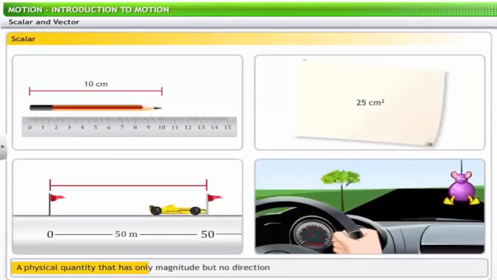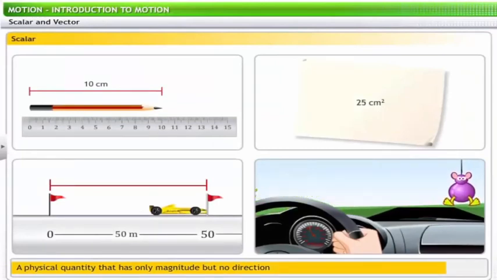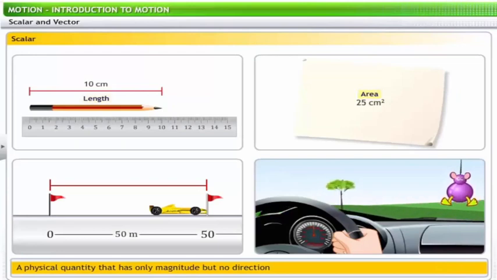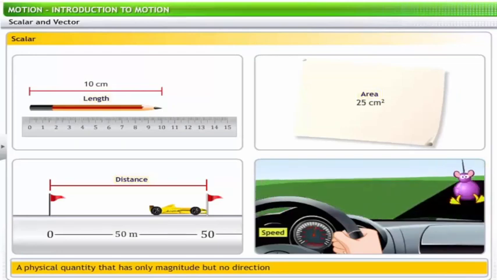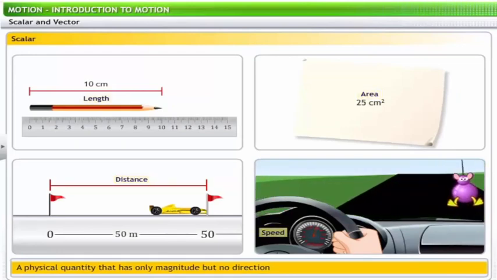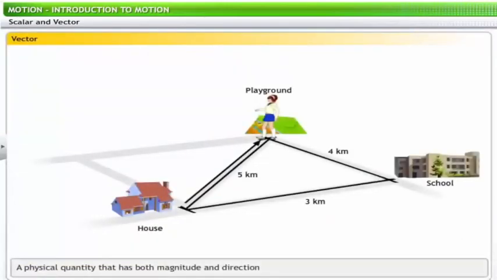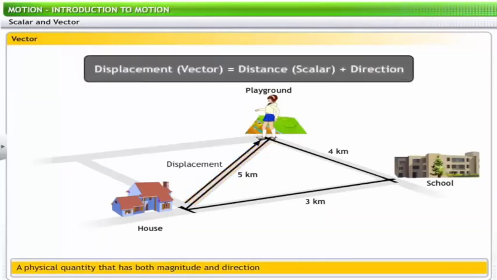A physical quantity that has only magnitude but no direction is scalar. Length, area, distance and speed are all scalar quantities. On the other hand, a physical quantity that has both magnitude and direction is vector. A vector such as displacement is simply a scalar with direction.